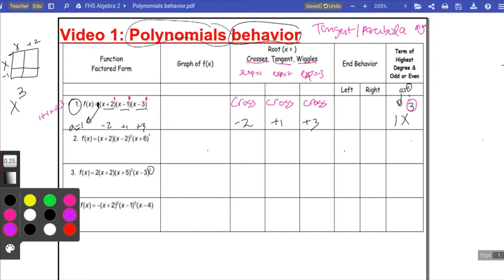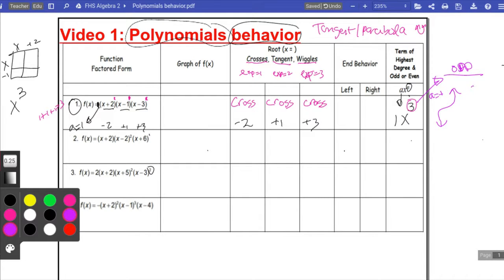Trust me. So when we have 3, 3 is odd. When you have an odd exponent, if y'all don't mind writing that right here, your graph will either look like started from the bottom, now we here, when A is positive.